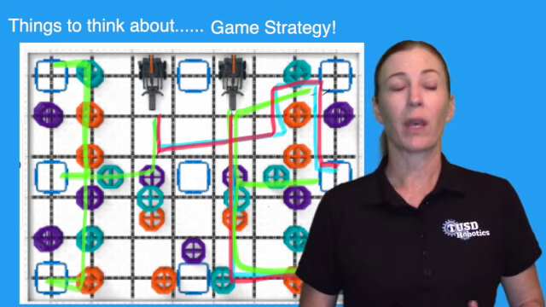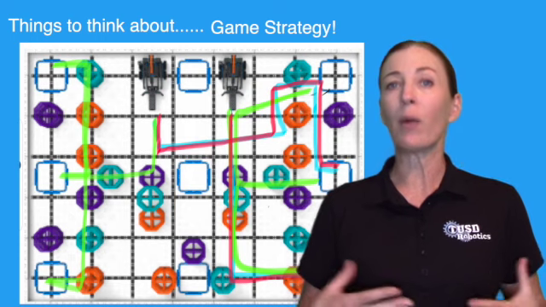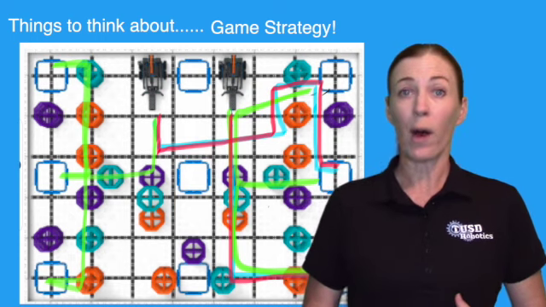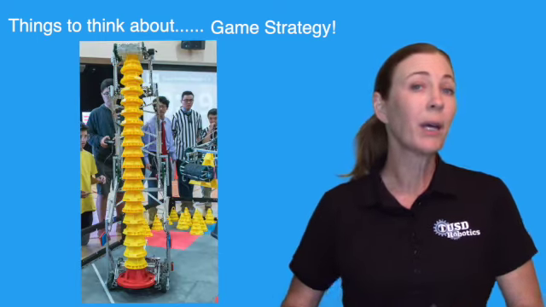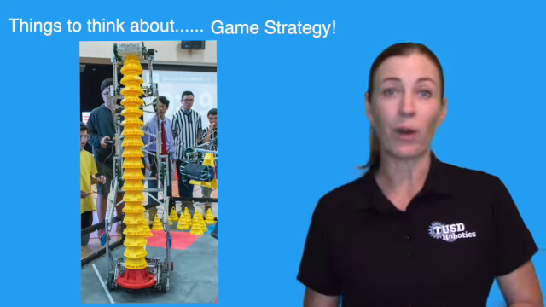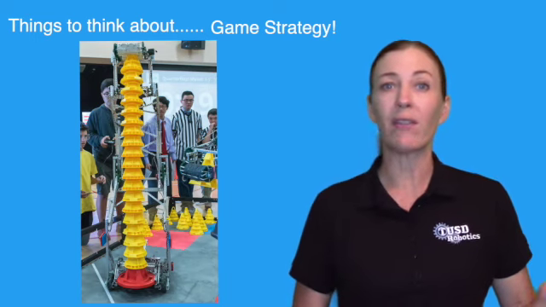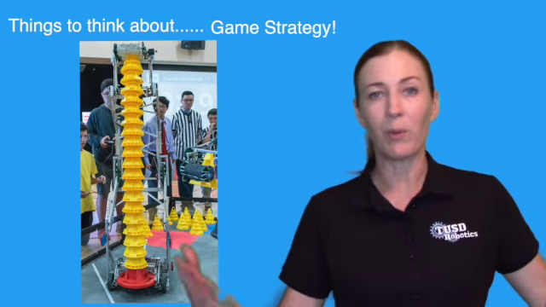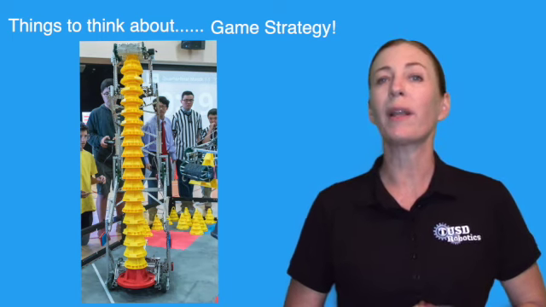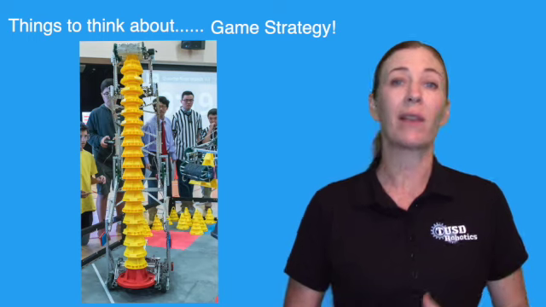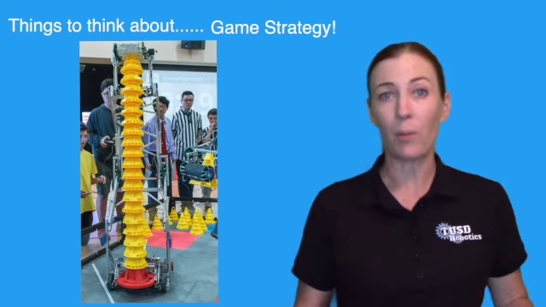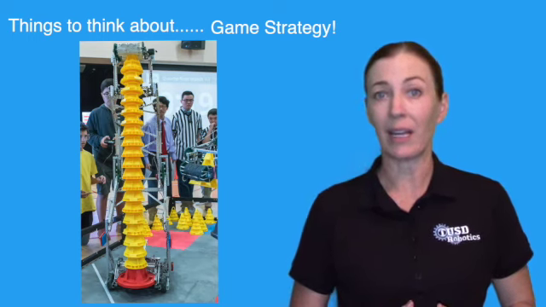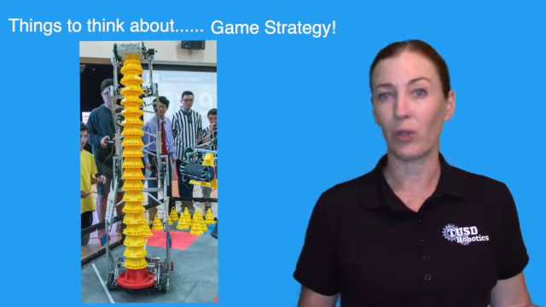For example, let's say the strategy I want to play for this year's game requires that I am able to pick up a game piece and lift it pretty high, either to score inside of a goal or to stack a riser, whatever game you're trying to build for this season. You want to think about how high that lift needs to go.